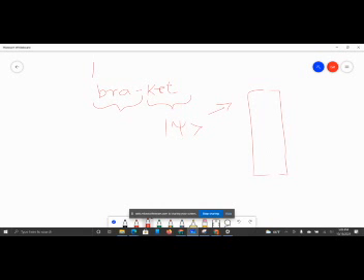Depending on the vector space and its rules, there will be different ways to get between a ket and a bra. I managed to find a blind spot on my screen, but it will be around here. Yeah, that should be fine. So this is the first part of the bracket, which is the bra. It is effectively a row vector, not a matrix. I'm sorry, it's a row vector, and this is known as the dual to the ket. I don't think we need to worry too much about that.